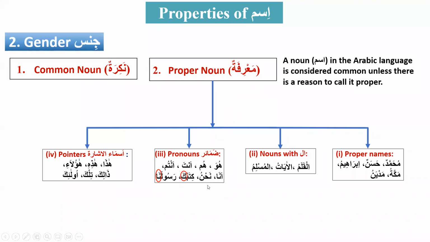If it is a pronoun, then it will be proper. But if it is not, then you see if it is one of these words. And if it is one of these, then it is proper. And if it's not, then you say it is a common noun. So you look for any of these four characteristics in an ism, and if you find one of them, you say it is a proper noun. And if you don't find any of them, then you say it is a common noun.